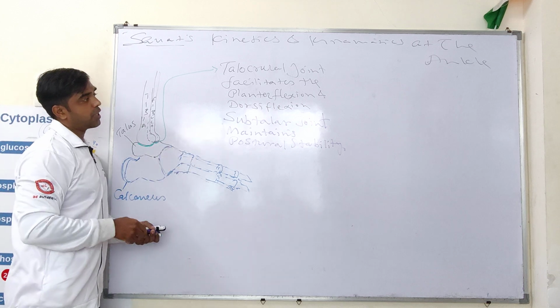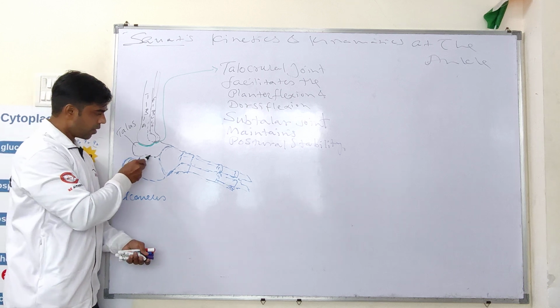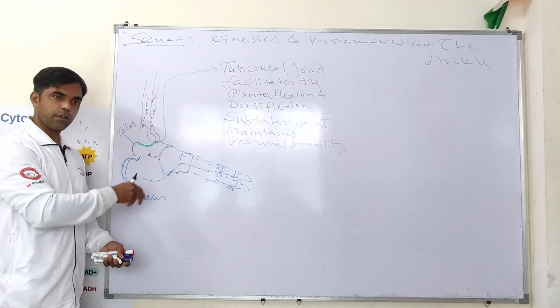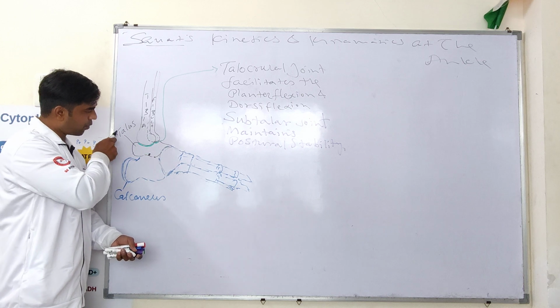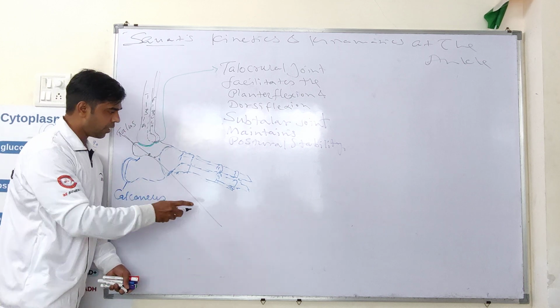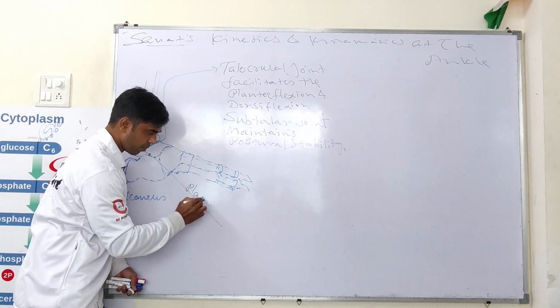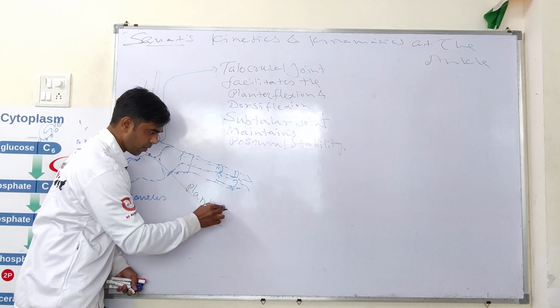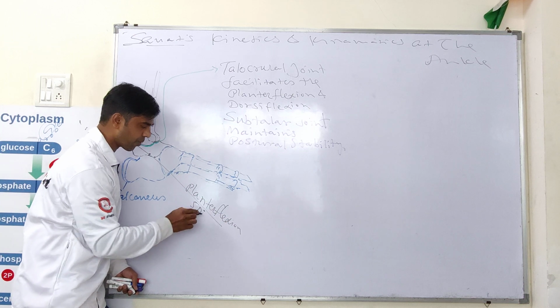Now, plantar flexion and dorsiflexion occur at the ankle joint. If your foot is pressed down, you get plantar flexion, which is up to 50 degrees.